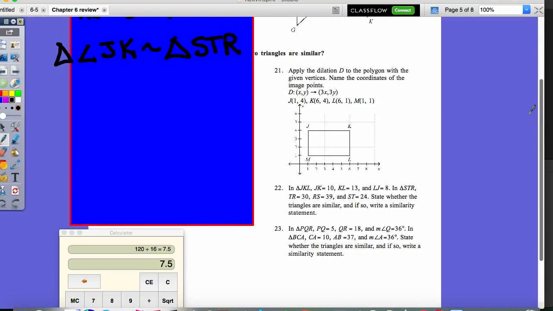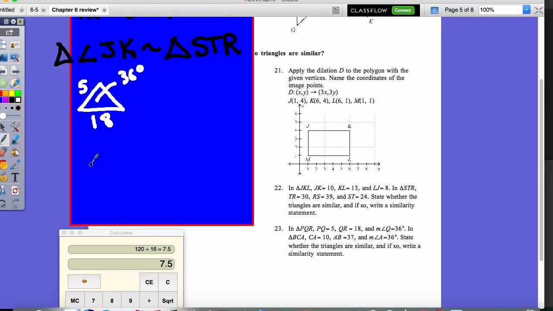For number 23, I'm going to do the same thing here. Okay, in triangle PQR, actually I'm going to do it like this. P to Q is 5. Q to R is 18. And angle Q is 36 degrees.